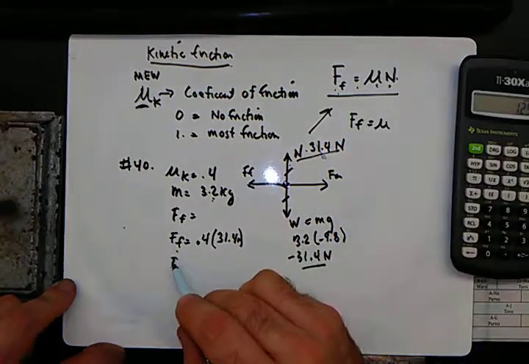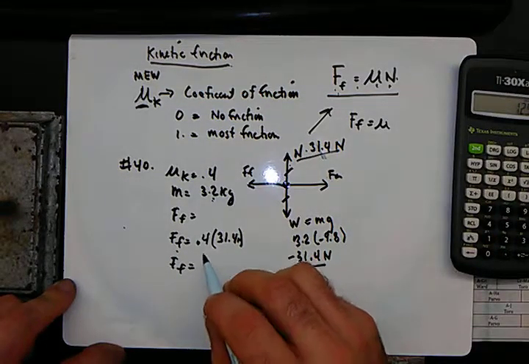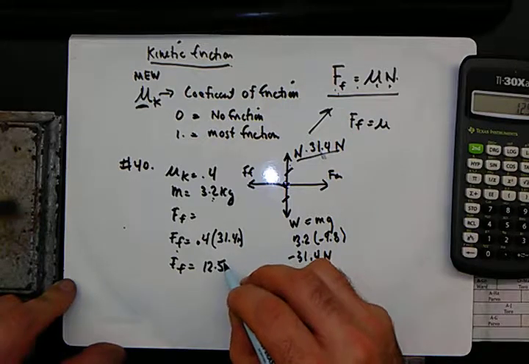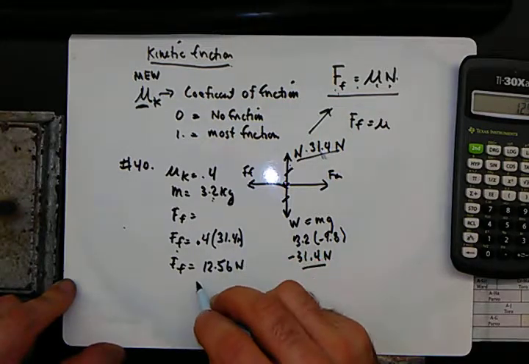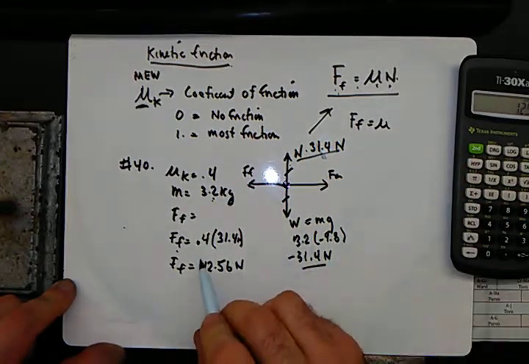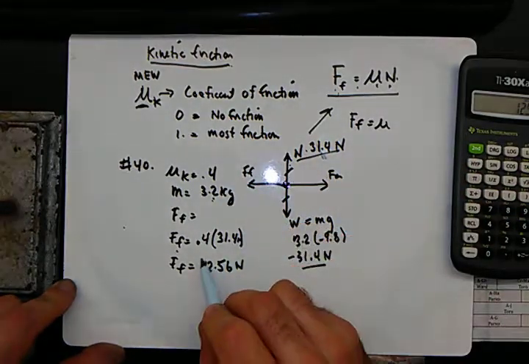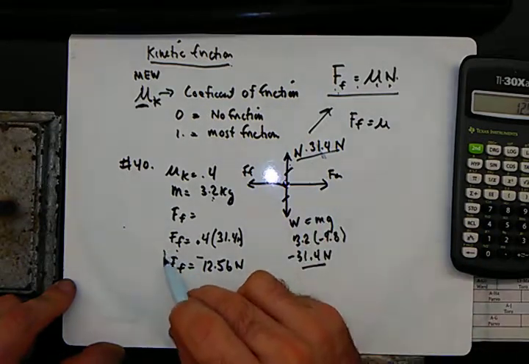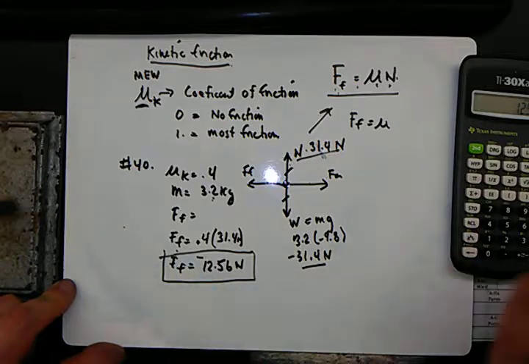The force of friction is equivalent to 12.56 newtons. We don't know exactly the way that this is getting pulled, but according to my diagram, I would call it a negative number because it's going against the applied force. So that is how to find the force of friction.